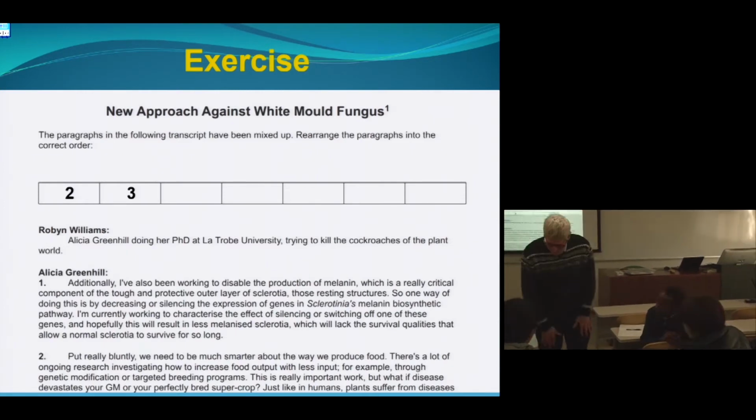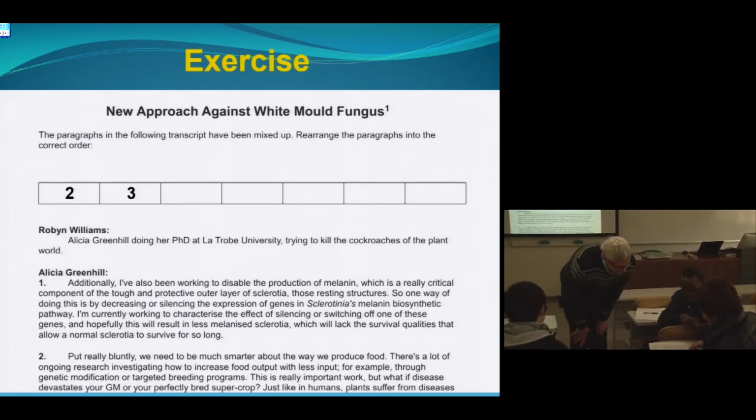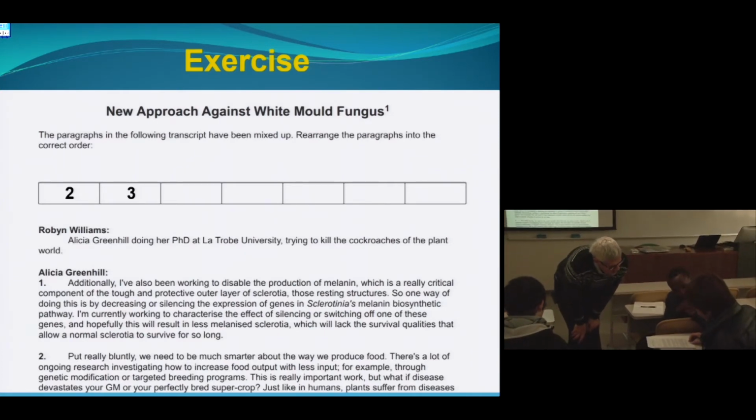Okay, 5, yeah, and 5? Why do you think 5? Paragraph 5 is explain of the sclerotinia. So, reader wants to know what sclerotinia is next to paragraph 3. So I think paragraph 5 is the next after paragraph 3. Okay, okay, good.